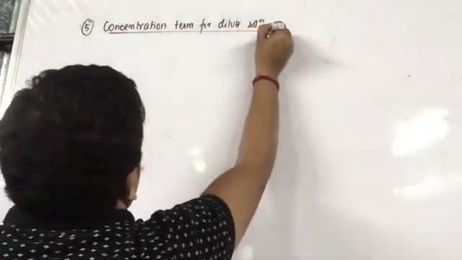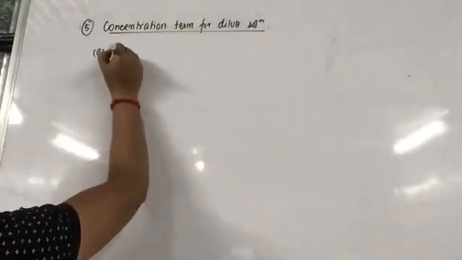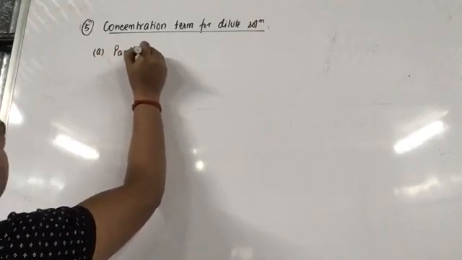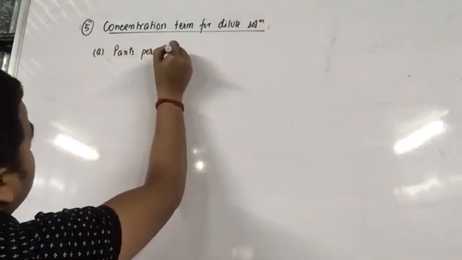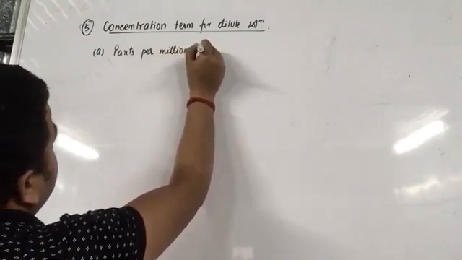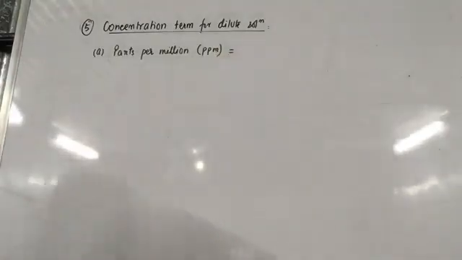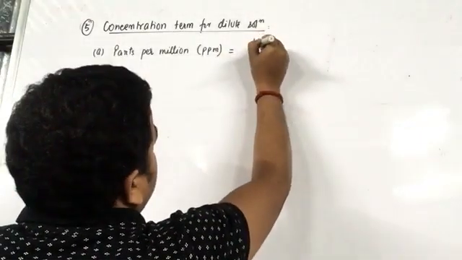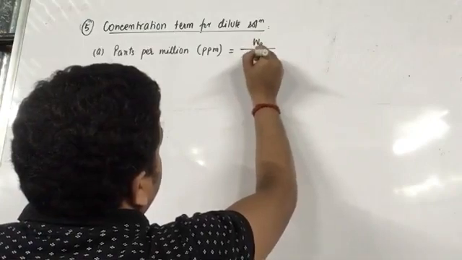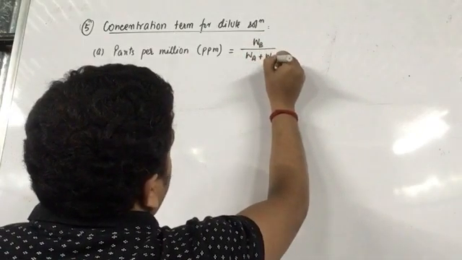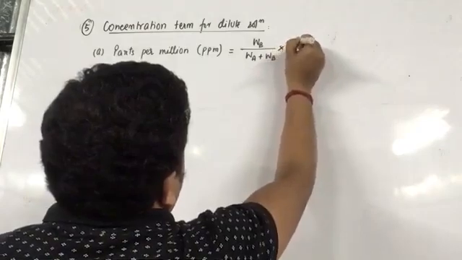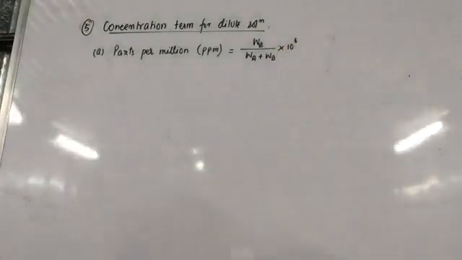It basically involves parts per million, ppm. So what is this parts per million? This is mass of solute by mass of solution, Wa plus Wb, multiplied by 10 to the power 6, a million. This formula could have been worked in terms of volume also, but we have considered mass here. Basically we will be getting numericals in terms of mass.